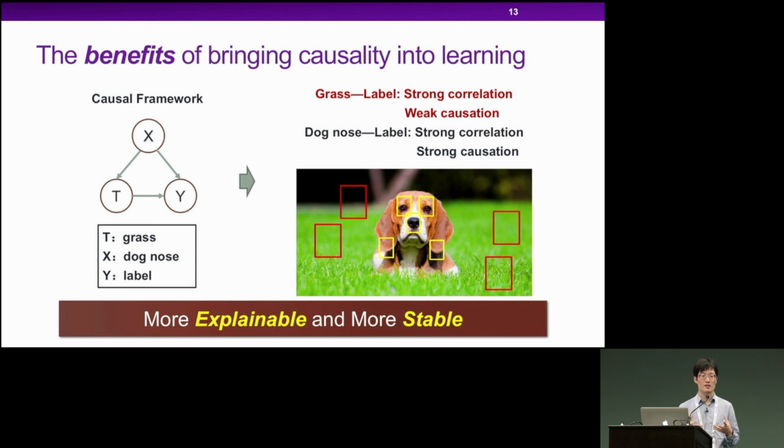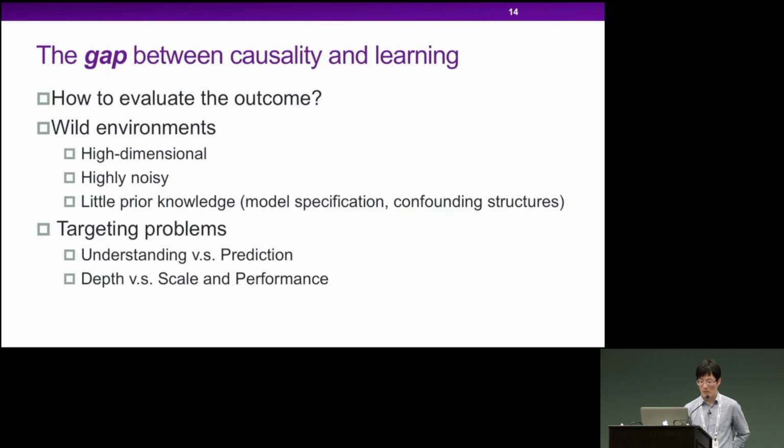So how can we use causality to do stable learning and stable prediction? Of course, in the literature, there is a very rich body of research on causal inference, right? But whether they are ready for learning or for stable learning, I would say there are some gaps there. The first one is that in causal inference, it's quite difficult to evaluate the outcome of a causal model, right?